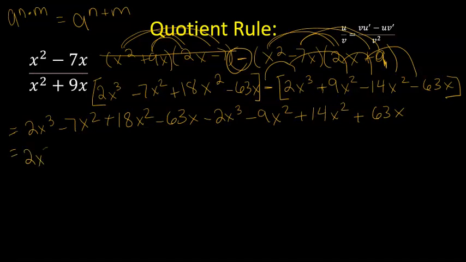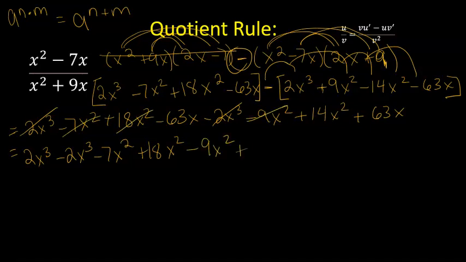So I have 2x to the third minus 2x to the third. Right, we got rid of those. What else do I have? I have negative 7x to the second plus 18x to the second minus 9x to the second plus 14x to the second.